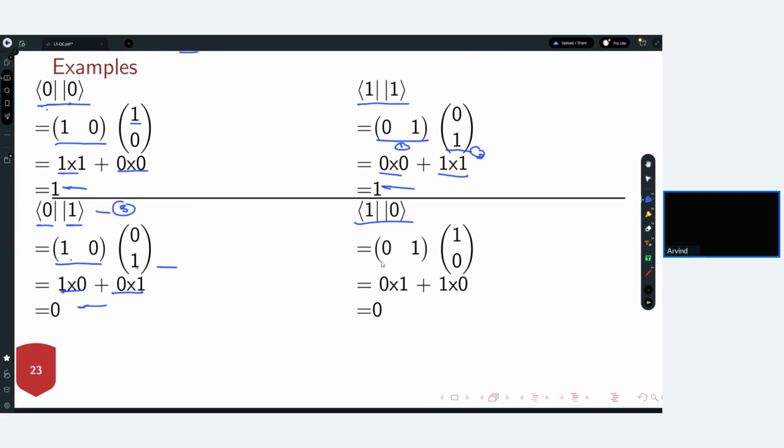Bra1 is a row vector and ket0 is a column vector having 1 at the 0th position. If we take the multiplication of these two, we will get 0 cross 1 and 1 cross 0, and the term is 0.